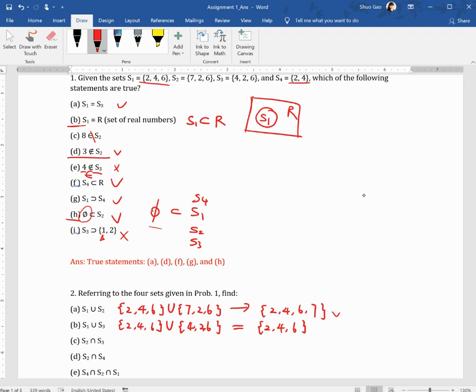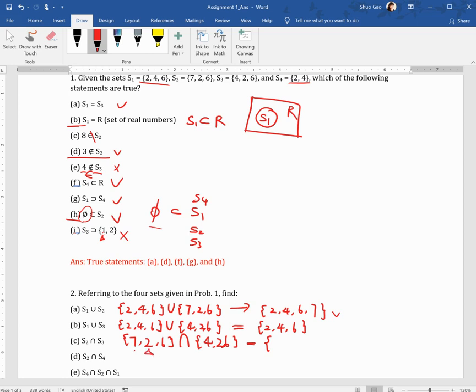And S2 intersects S3. S2 is 7, 2, 6. S3 is 4, 2, 6. So intersection means we take the common elements on both sides. So what are the common elements? 7 is not a common element because it's only in S2 but not in S3.